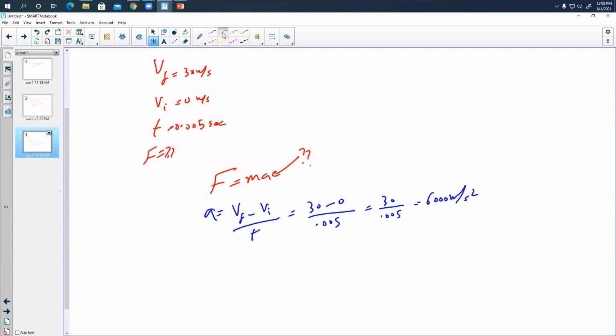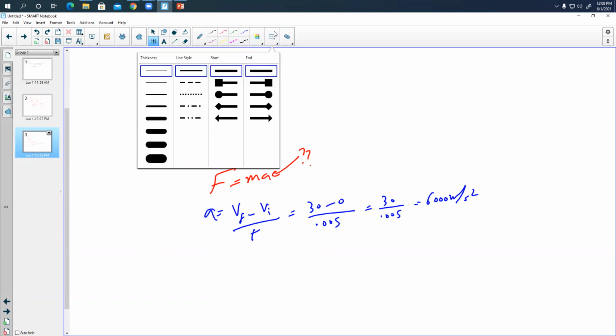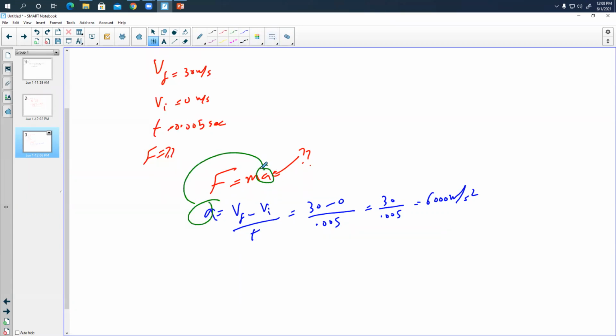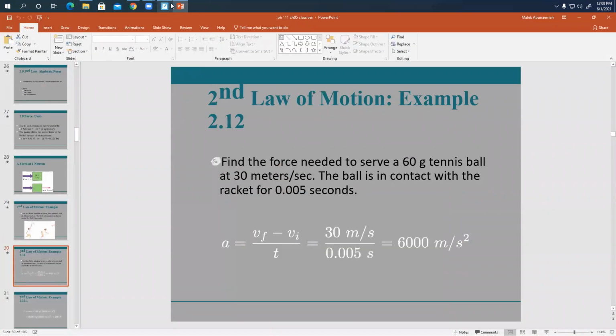Now we can substitute that back over here. Your force is going to equal your mass, 0.06 kilograms, multiplied by 6,000 meters per second squared. So you should get 6 times 6 is 36, and you get 360 newtons. So your force should be around 360 newtons.